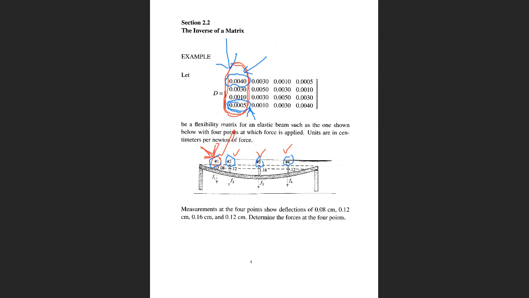The fourth value, 0.0005, is the beam deflection due to unit force at point 1. Point 4 is furthest away from point 1, so it makes sense that the deflection at point 4 is very small when a force is applied to point 1.